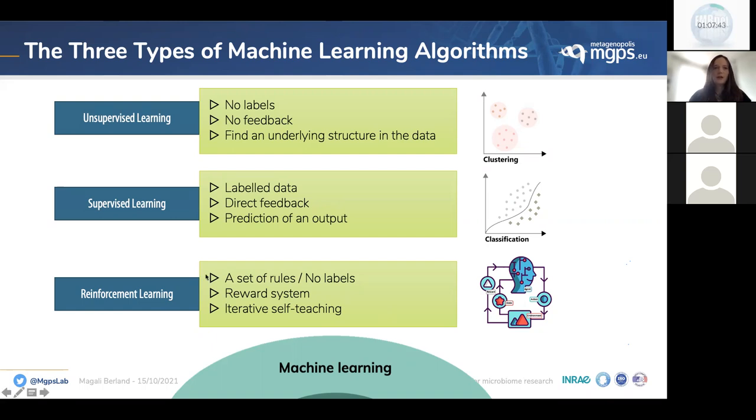And finally, there is this third category, reinforcement learning, where you do not need labels, but you have to provide a set of rules. And it's probably the closest procedure to how we humans learn.